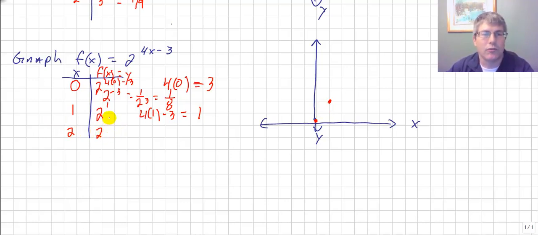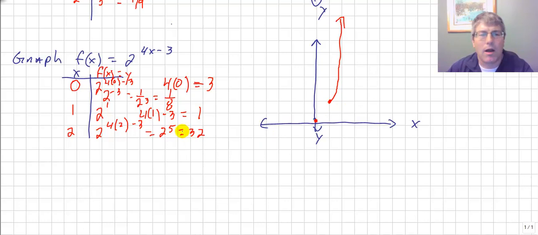We get 2 to the 4 times 2 minus 3, which is 2 to the 5th, which is 32. So when we input 2, we output 32. We're way up here, way off the chart. So our graph is going to shoot way up like that.